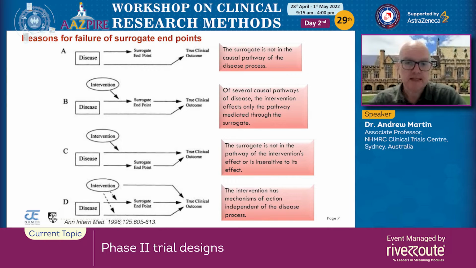It may be that the intervention does affect the definitive endpoint, but it doesn't affect the surrogate endpoint. And there are a couple of other combinations or possibilities for failures of surrogates on this slide. I won't go through the other two.